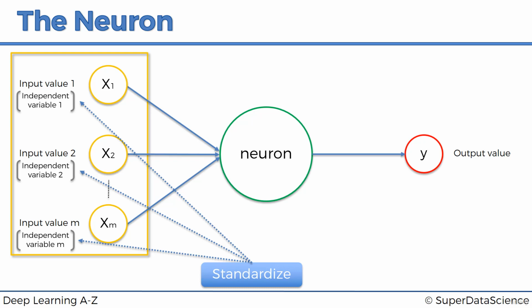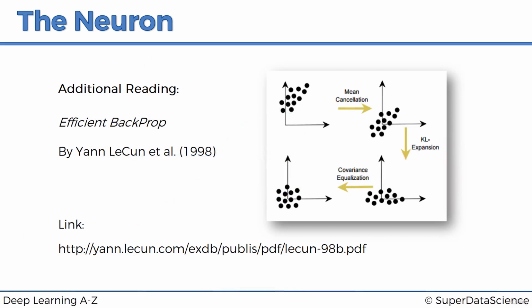If you want to read more about standardization, normalization, and other things that you can do to input variables, a good additional reading paper is called Efficient Backprop by Yann LeCun, 1998. The link's over there. We're actually going to talk more about this phenomenal person in the space of deep learning in the part of the course on convolutional neural networks, and you'll see that he definitely knows what he's talking about.